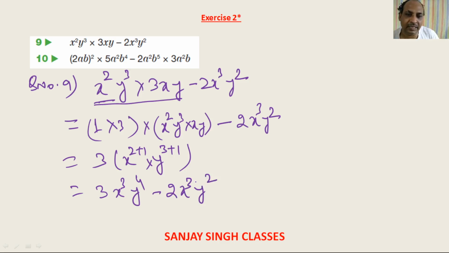Now addition and subtraction has come. Here x cube y to the power 4 is there, here x cube y square is there. So both are not like terms. If both are not like terms, we cannot go for subtraction further. So our answer will be limited to this extent. Here itself we can leave. This one will become our solution.